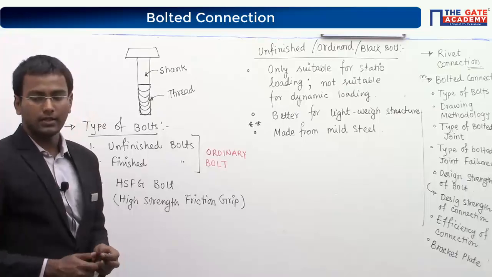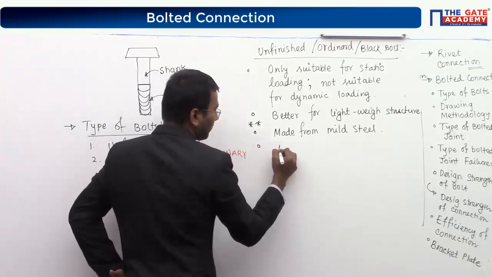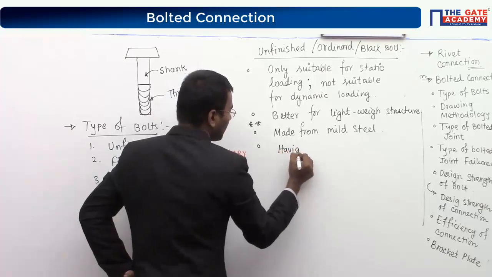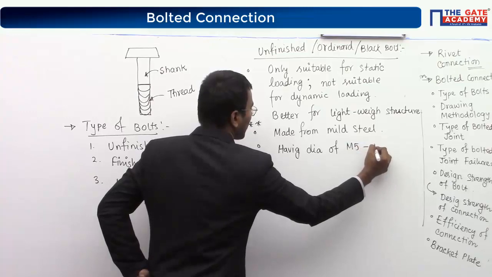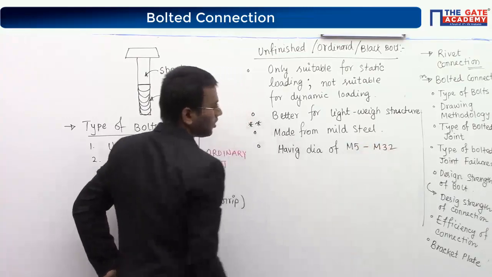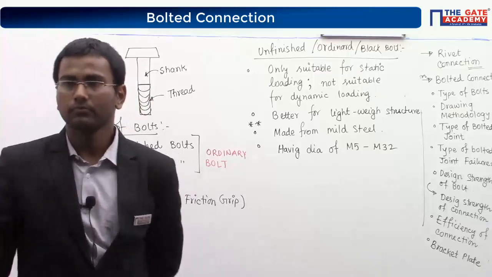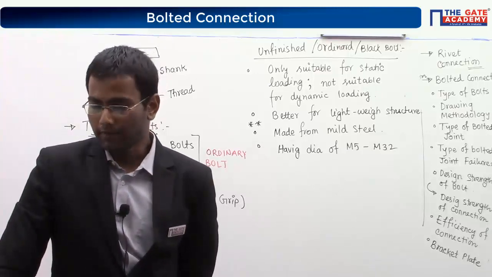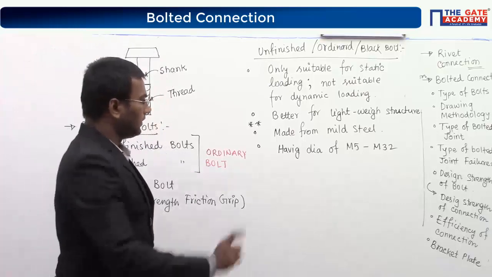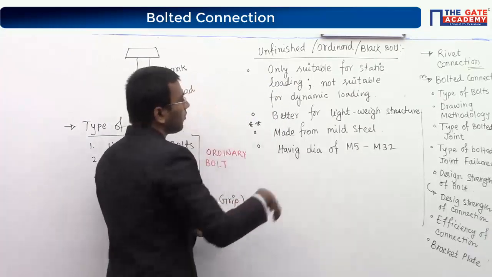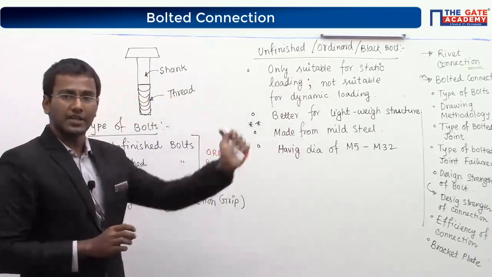Next one, the bolts have a diameter of M5 to M32. One important data from the bolted connection representation.